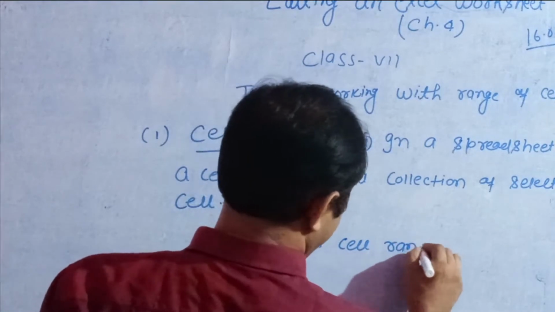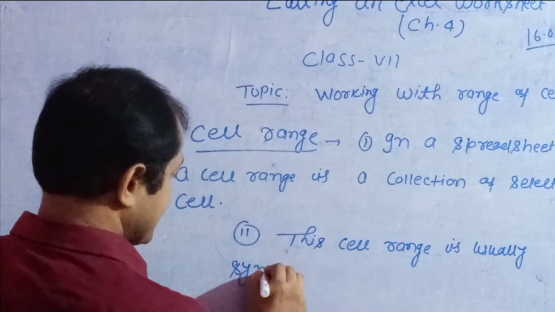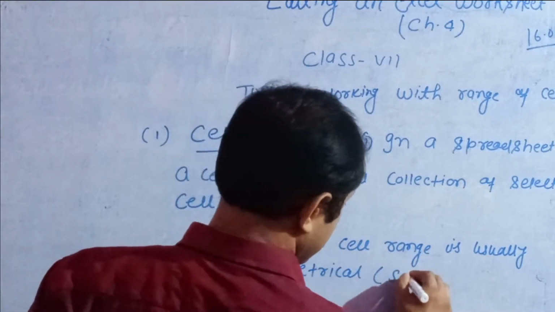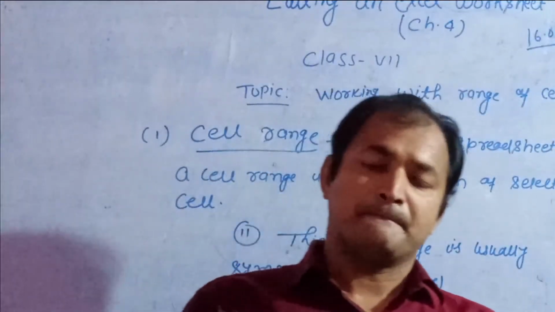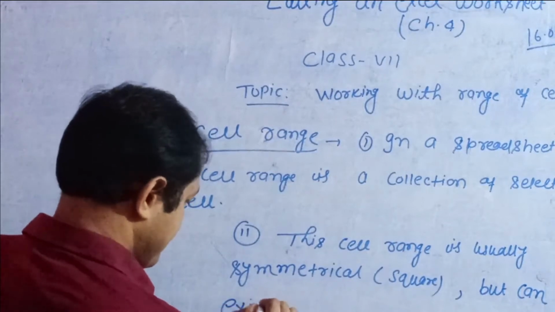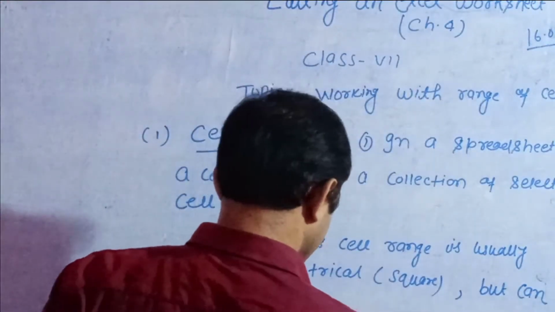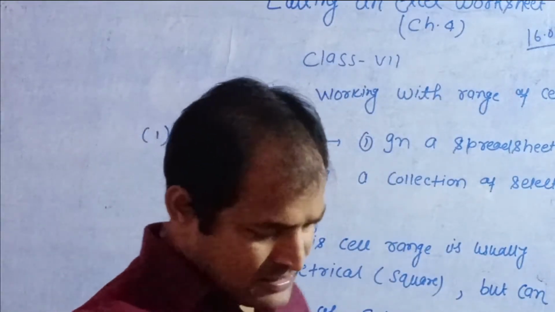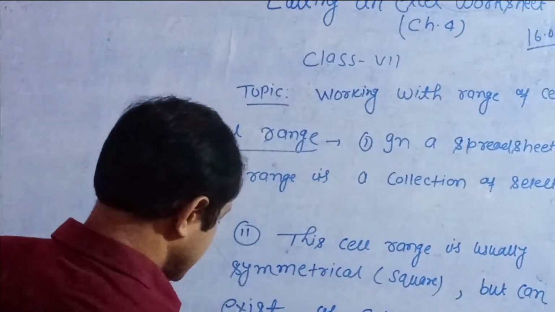This cell range is usually symmetrical but can consist of separate cells just the same.